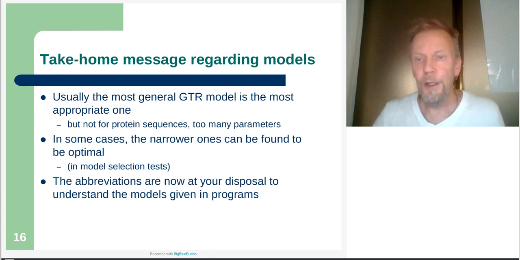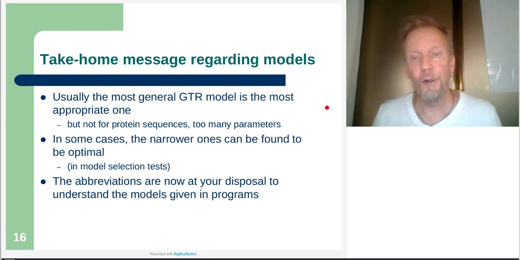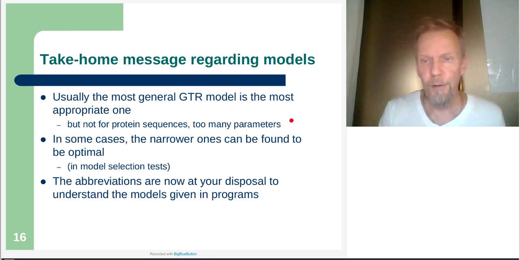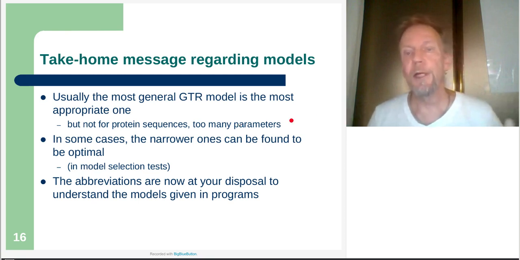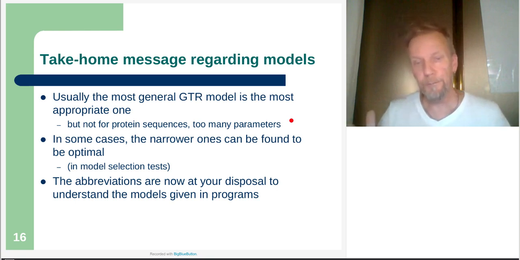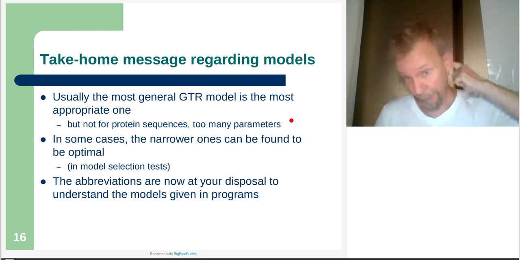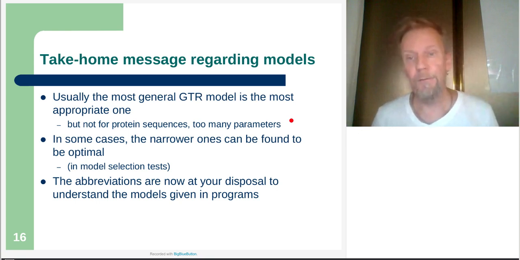For nucleotide sequences, this is not a problem. 9 parameters is not a lot, considering that the data sets are often hundreds or thousands of nucleotides, meaning hundreds or thousands of characters. But for proteins, when we have a 20 by 20 matrix of amino acid changes and 20 different amino acid frequencies, that comes up to hundreds of different parameters.